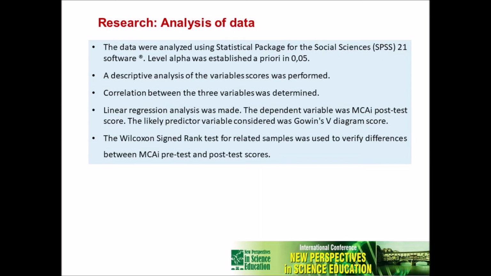Linear regression analysis was made. The dependent variable was MCA post-test score. The likely predictor variable considered was Gowin's V diagram score. The Wilcoxon signed rank test for related samples was used to verify differences between MCA pre-test and post-test scores.